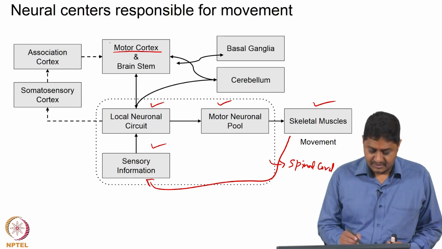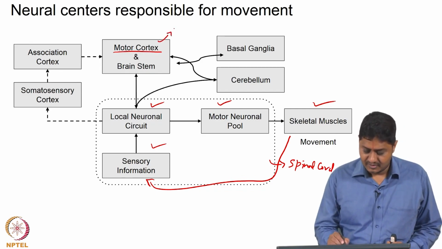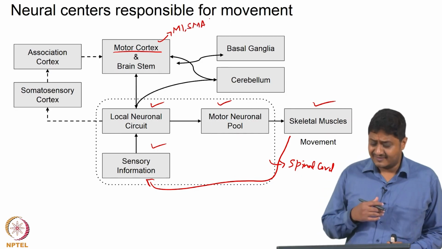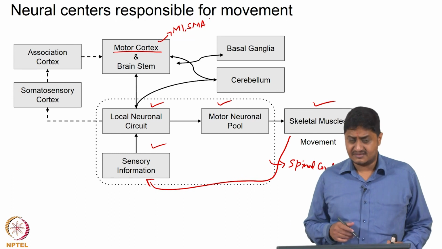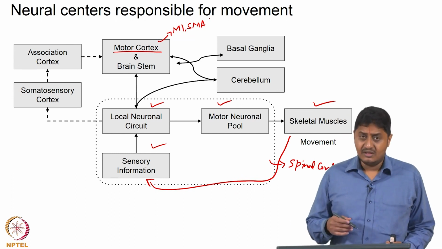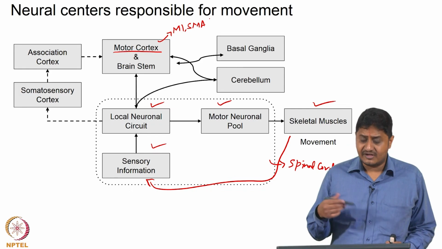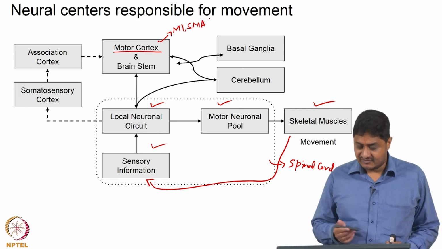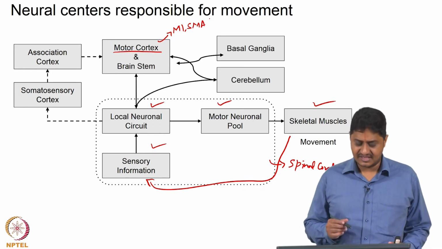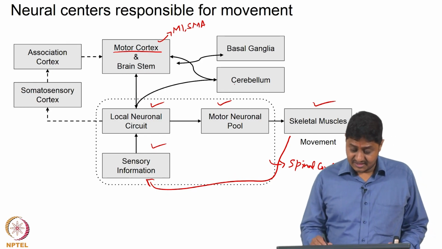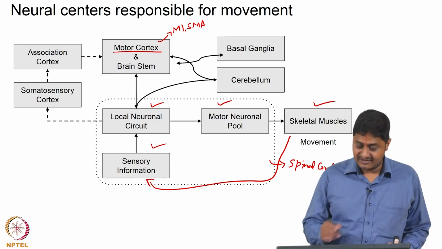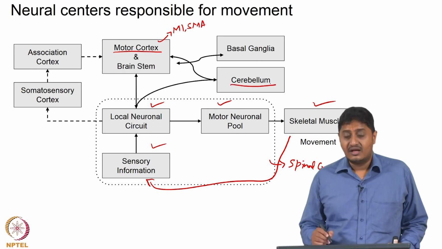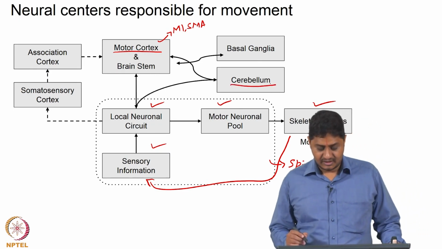This is the primary motor cortex, or simply M1, the supplementary motor area, and then other motor areas: the pre-supplementary motor area, dorsal premotor area, ventral premotor area, etc. We have discussed all these in the previous classes, and in the last 11 lectures we have discussed the role of the cerebellum in modulating movement.